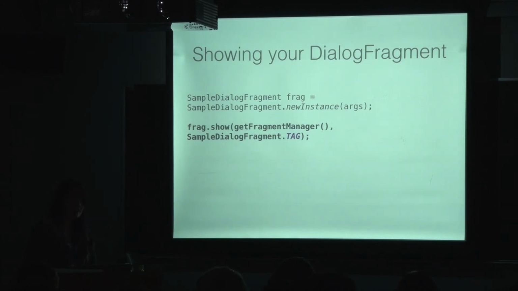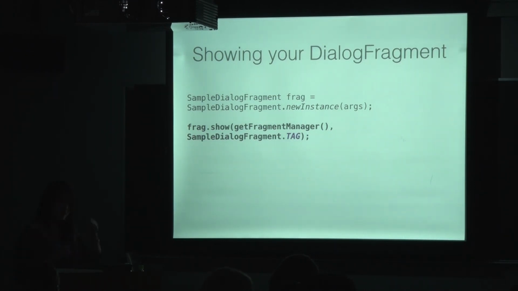And then once your dialog has been created, whether you've overridden onCreateDialog or onCreateView, you're now ready to show the dialog, and all you need to do is invoke show. Show requires that you provide a fragment manager or a fragment transaction and a string tag. Just like standard fragments, the transaction manager is used to add the dialog fragment to the activity and commit the transaction.